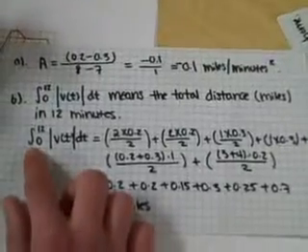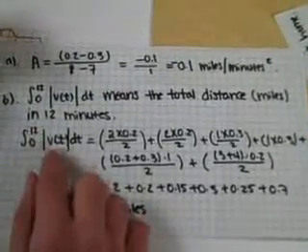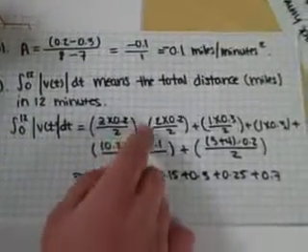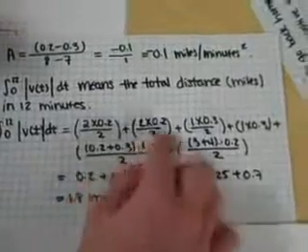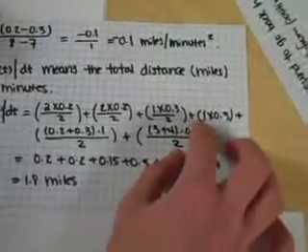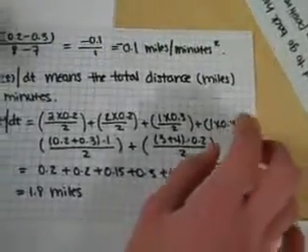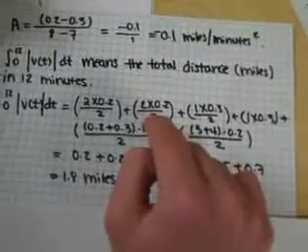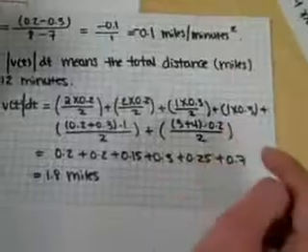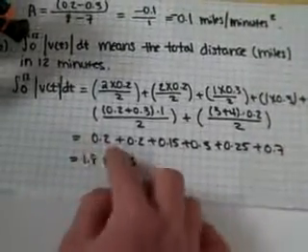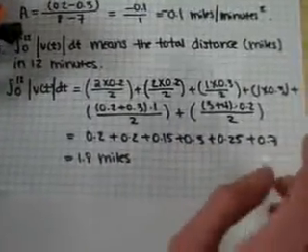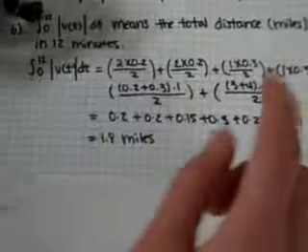So we have the integral from 0 to 12 of |v(t)| dt equal to 2 times 0.2 divided by 2 plus 1 times 0.3 divided by 2 plus 1 times 0.3 plus 0.2 plus 0.3 times 1 divided by 2 plus this thing right here, and then we have 0.2 plus 0.2 plus 0.15 plus 0.3 plus 0.25 plus 0.7, all that stuff.